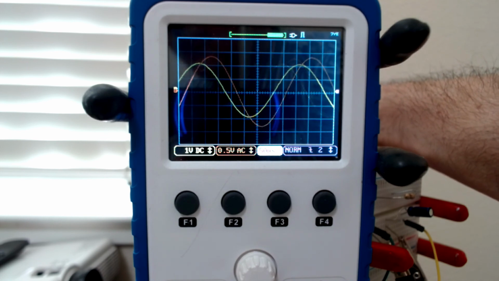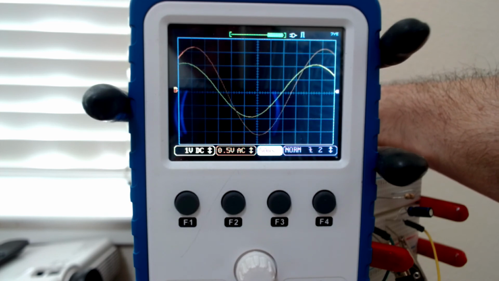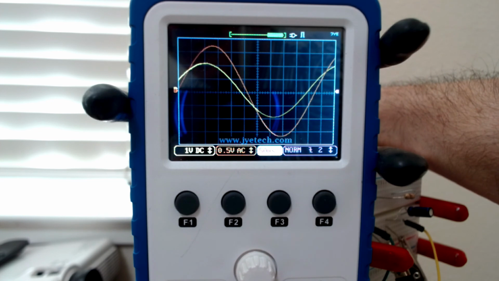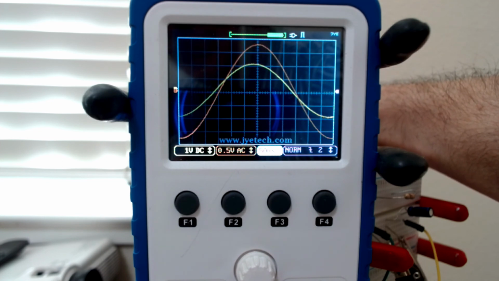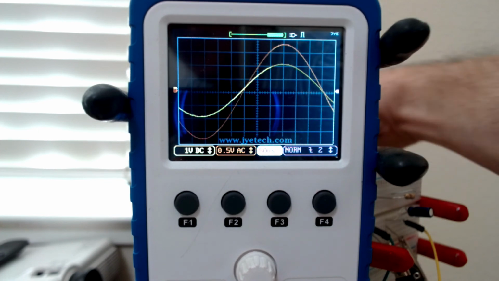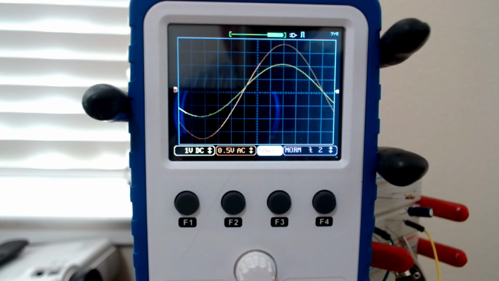And slowly the phase shift keeps getting smaller and smaller. Of course, everything's getting wider and wider. I'm at 1,900 hertz, 1,800, 1,700. Look at that. At around, it's basically between 1,500 and 1,600. Notice that they're in phase. This is approximately the location of the resonance frequency.